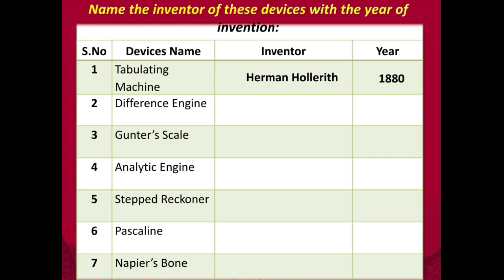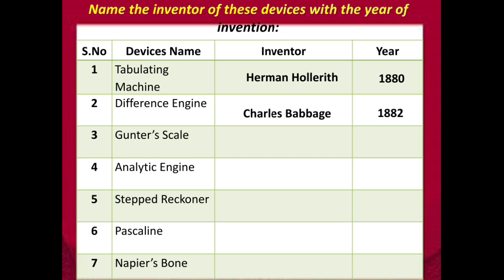The next one is the difference engine. The difference engine was invented by Charles Babbage. In which year? 1882. So in 1882, the difference engine was invented by Charles Babbage.